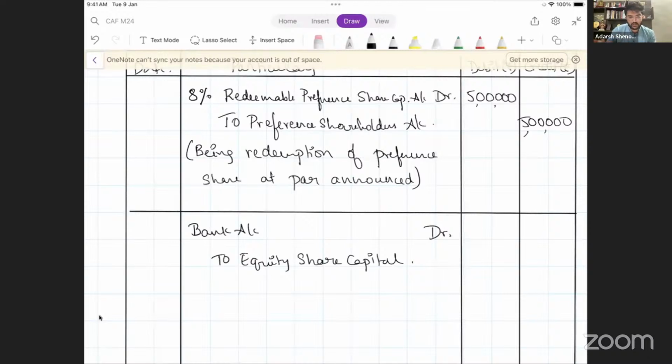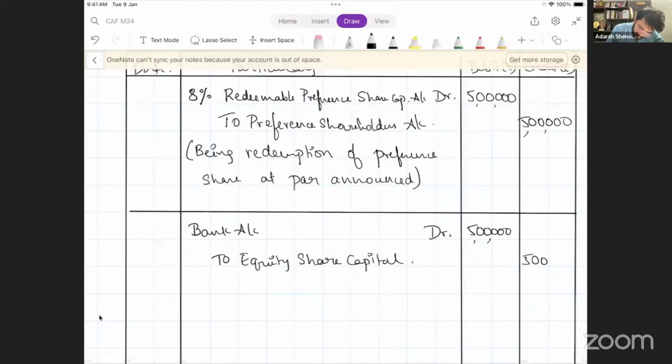Then equity share application and allotment account debit to equity share capital account. So you can pass two entries instead of one. The first one is the receipt entry, and the second is the allotment entry. Instead of passing two entries, I'm passing one single entry itself. This is accepted. You can do this.